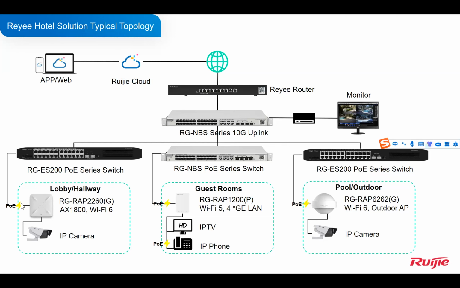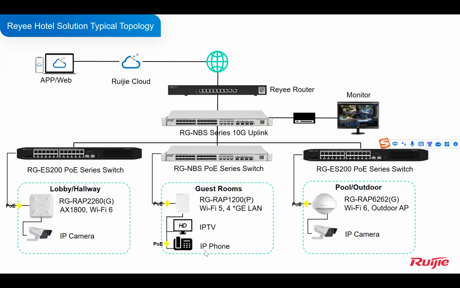We have provided three types of APs. The first AP is installed in the lobby or the hallway, and this kind of AP can connect with an IP camera to provide the CCTV service.